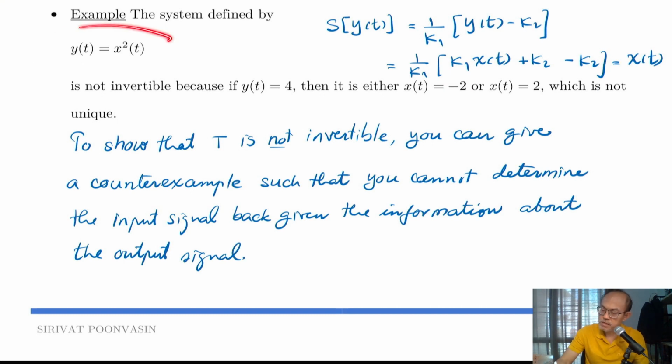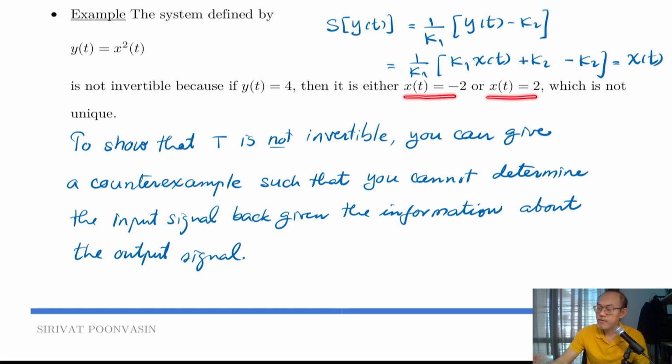For example, in this example, I am suspecting that the system is not invertible because of the square here. So I'm going to give a counterexample. Suppose I know that the output is constant 4. Then, because of how the system is defined, the input can be -2 or 2.